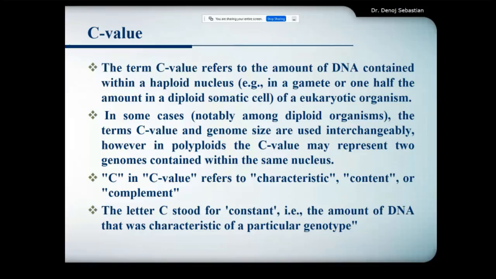Usually, you know that in eukaryotic cells, if it is a diploid cell, it has two sets of the same genome content. In a haploid cell or a gamete, we have only one set of the concerned chromosomes, or one set of the genes. So C-value refers to the one set of the genes.